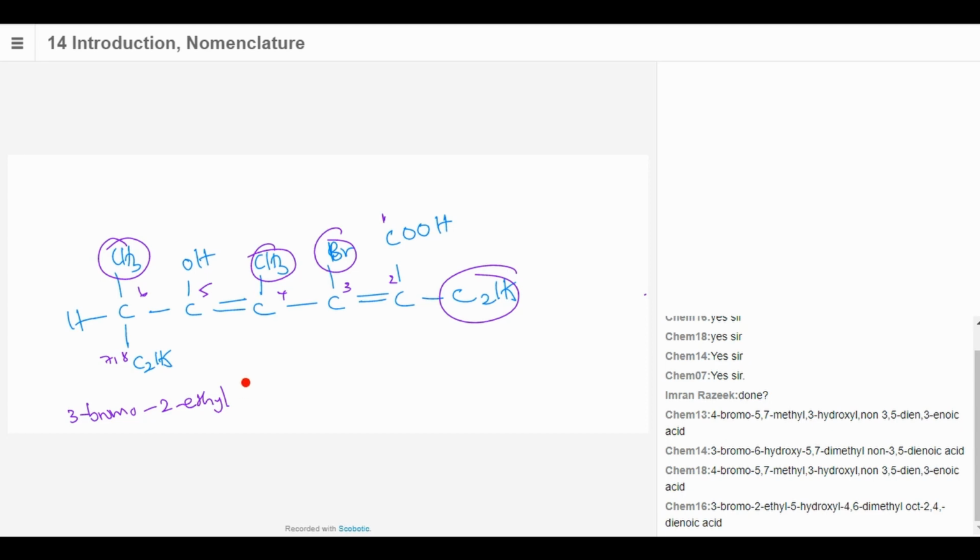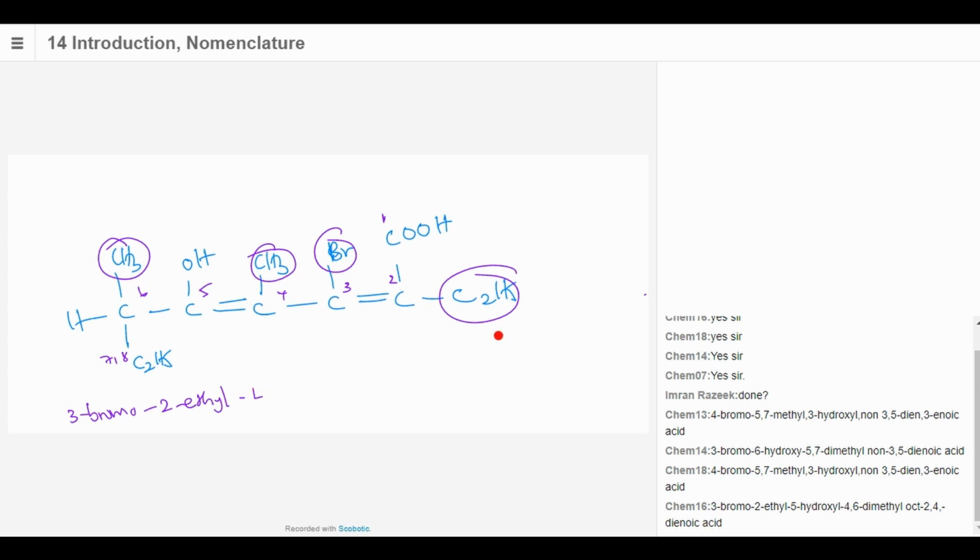Then you have 4 and 6. And before that, methyl, hydroxy, H comes before that. H comes before that, yes. So that H comes before M, right?